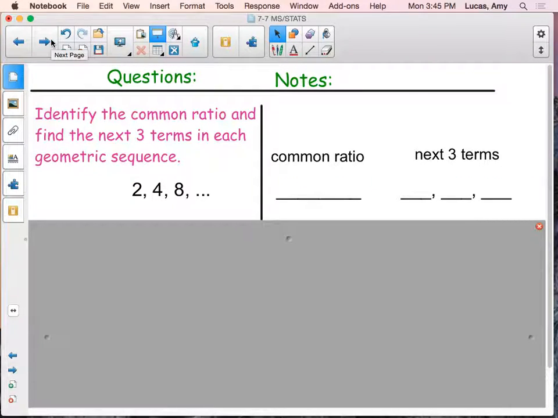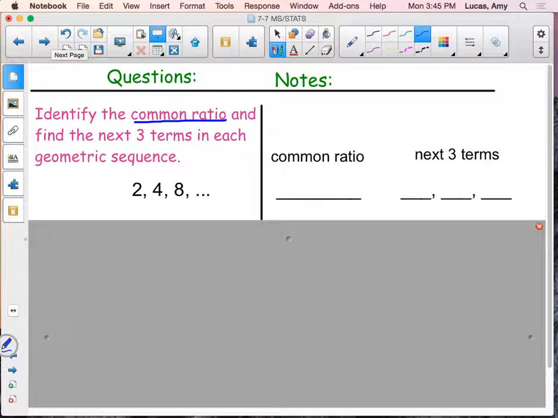So we're going to focus on a couple of different things today. Our question says, identify the common ratio and find the next three terms in each geometric sequence. So the common ratio means what is being multiplied by each time.